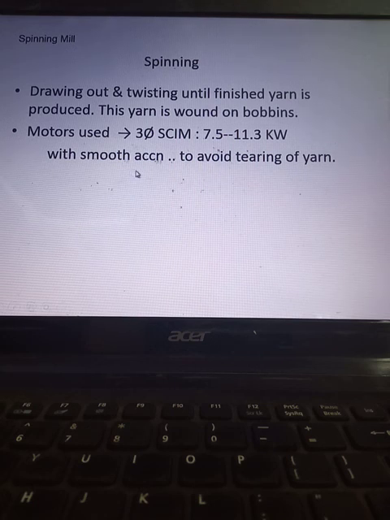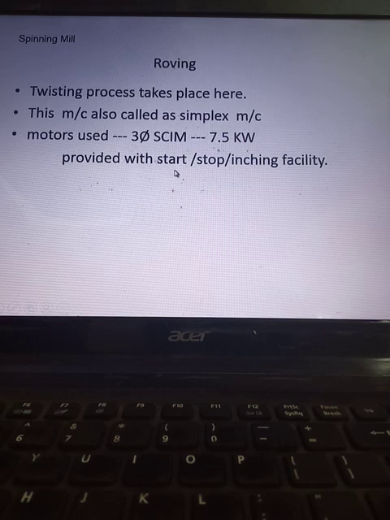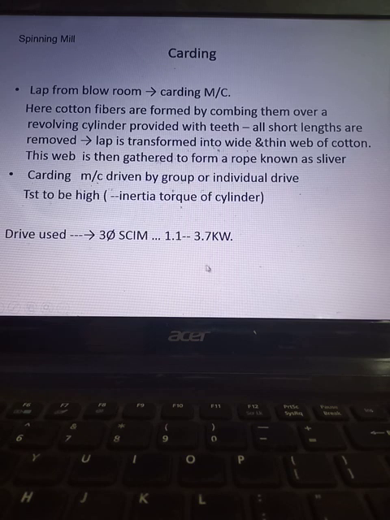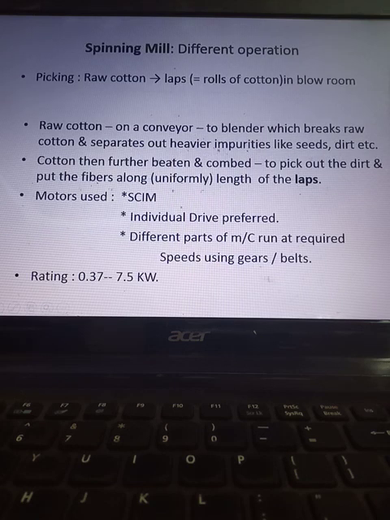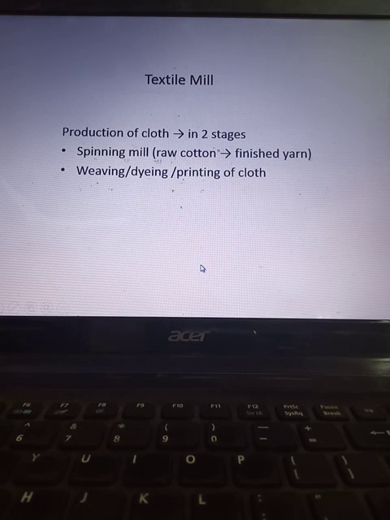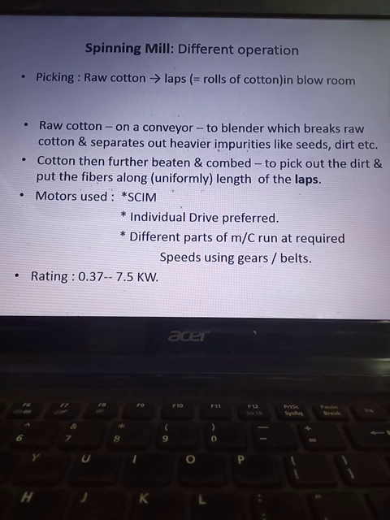And then observe one more thing: smooth acceleration, multiple start stop, inching facility, starting torque to be high. What are all these things hinting at?